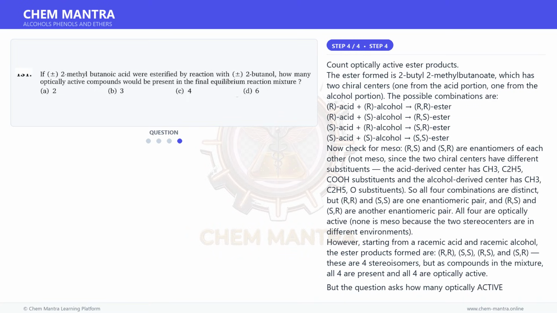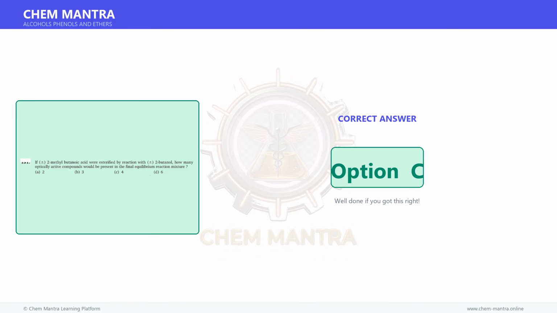Alternatively, the intended answer considers the 4 ester products as 4 optically active compounds, 2 pairs of enantiomers, all 4 distinct and optically active, while the reactants, racemic acid and racemic alcohol, are considered as racemic mixtures and thus optically inactive as provided. This gives exactly 4 optically active compounds. Therefore, the correct answer is option C.